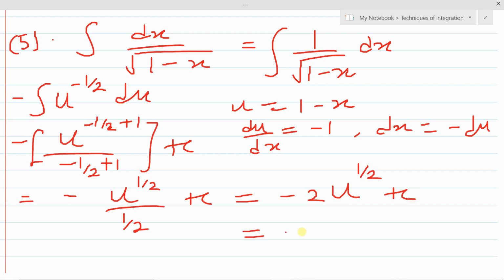Now what is our u? Our u is 1 minus x, then to the half plus c. Okay, and this will be our answer, or you can change the half to square root.